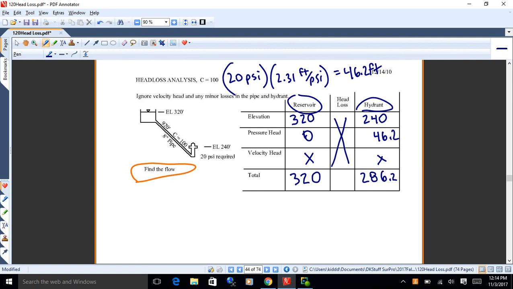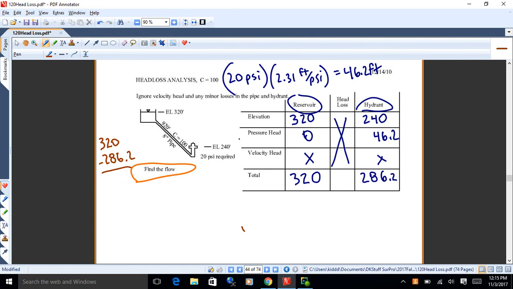So what we can get to next here is how much head loss we can tolerate, okay? So we got 320 at the reservoir. We've got to have at least 286.2 at the hydrant.